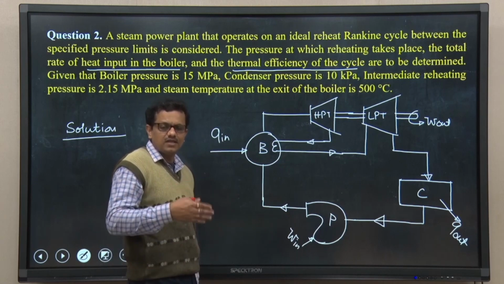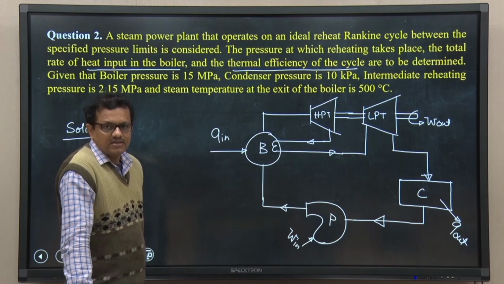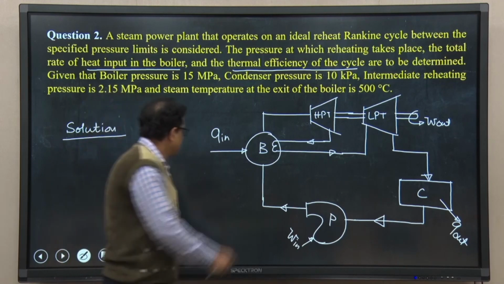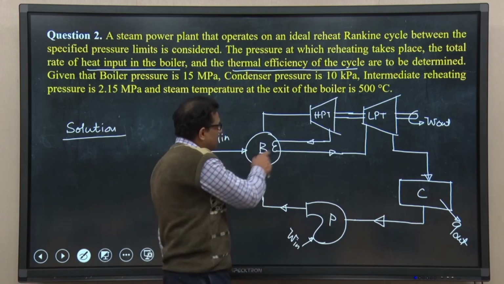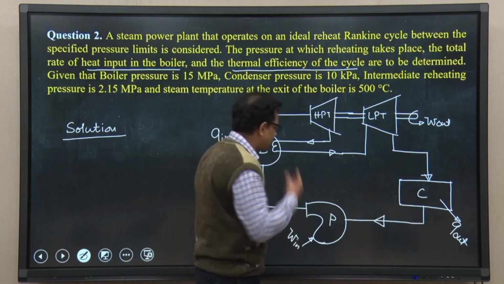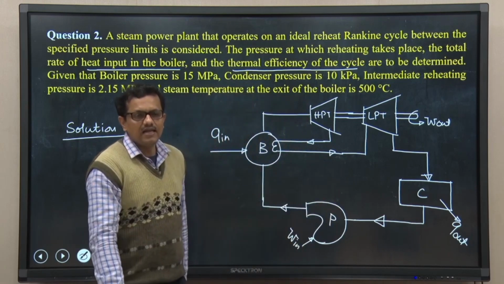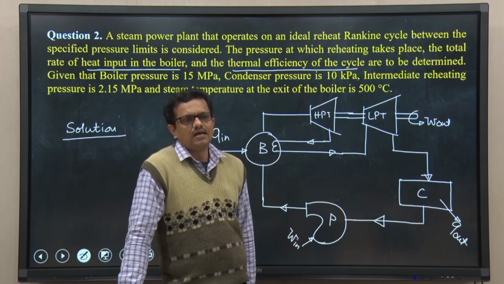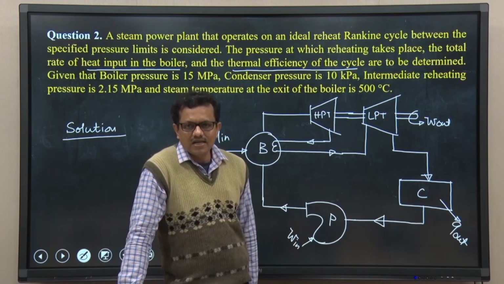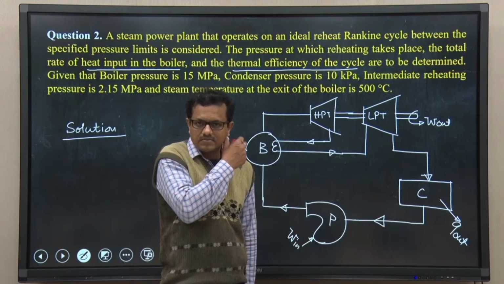If the steady state steady flow equation applies to all the devices which are there, we can see here the boiler, high pressure turbine, low pressure turbine, condenser and pump, then we can figure out the energy interaction between system and surroundings. So, basically if it is a work interacting device, we can easily calculate the work either added or extracted from the system in terms of the enthalpies.